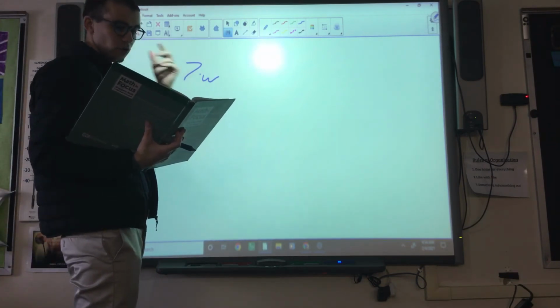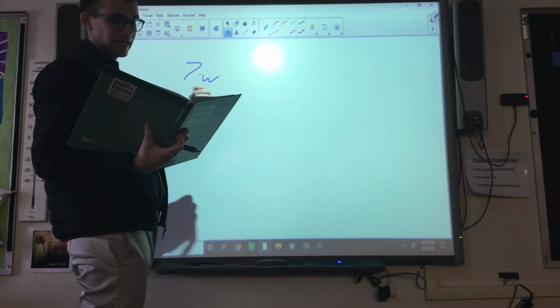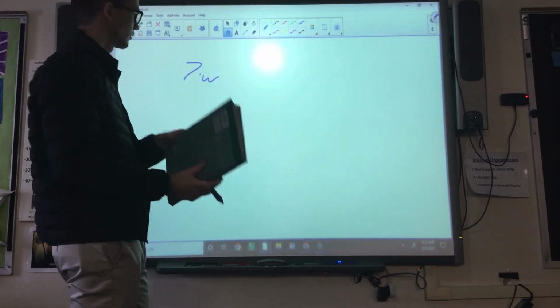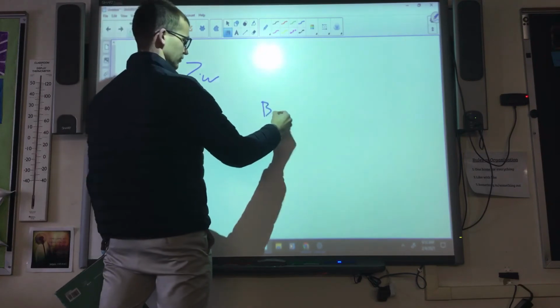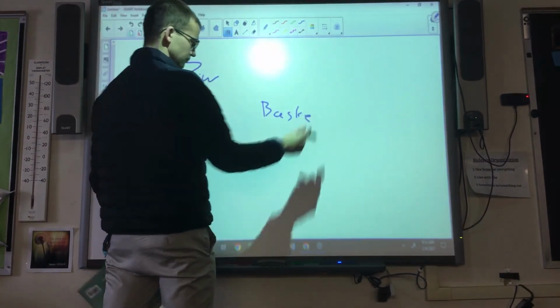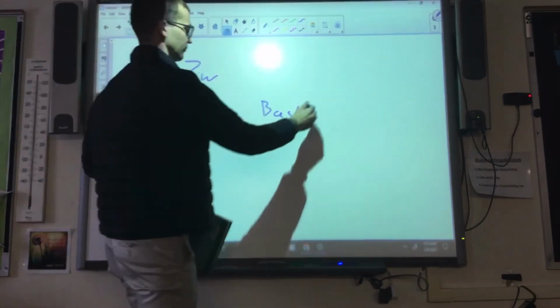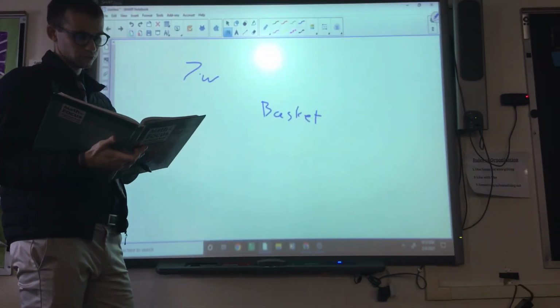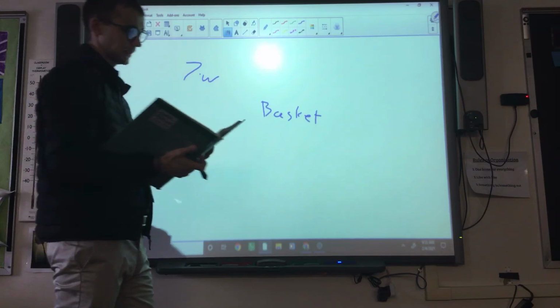A basket can hold 11 pounds less than 2/5 the weight of the watermelons. That one's kind of confusing. So a basket, I'm just going to say basket. A basket can hold 11 pounds less.